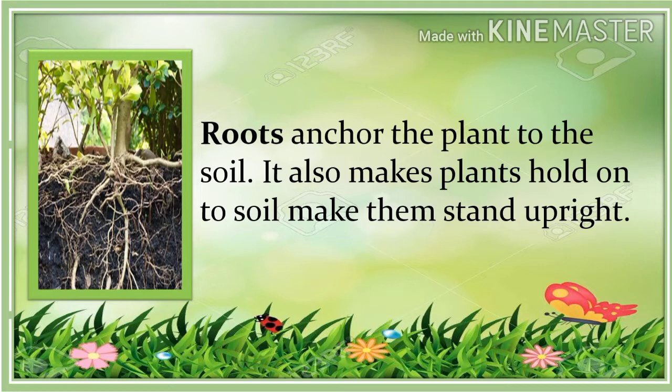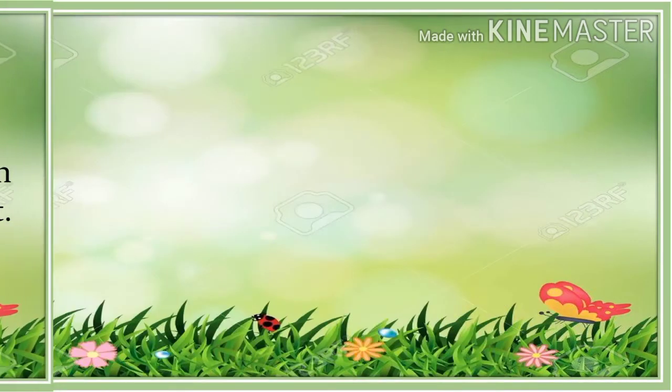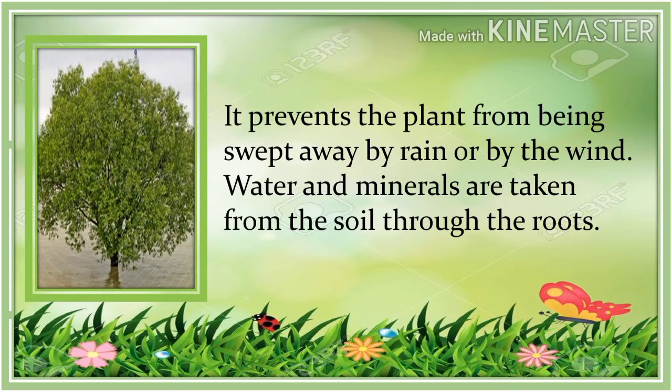It also makes plants hold on to soil and stay upright to prevent the plant from being swept away by the rain or by the wind. Water and minerals are taken from the soil through the roots.